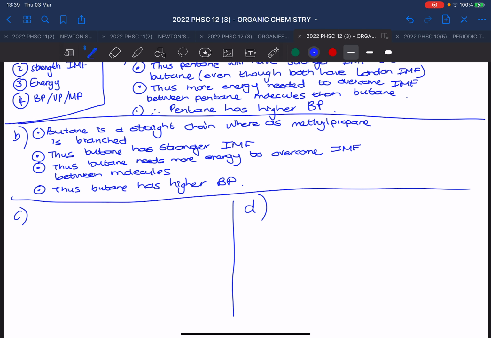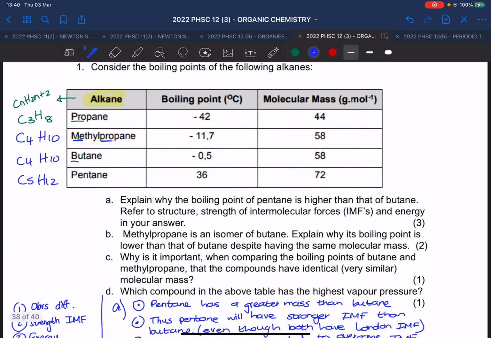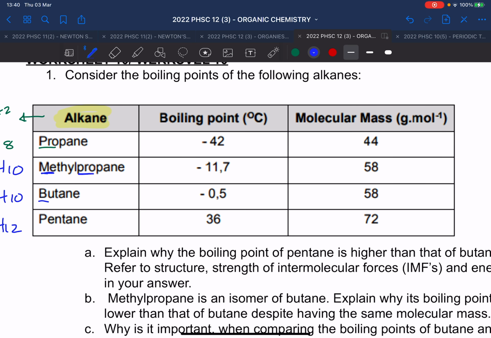Okay. Question C. They ask, why is it important when comparing boiling points of butane and propane that the compounds have similar or identical molar mass? Why is it important? They're asking, if we compare methyl propane to butane, why is it important that they have the same molar mass?